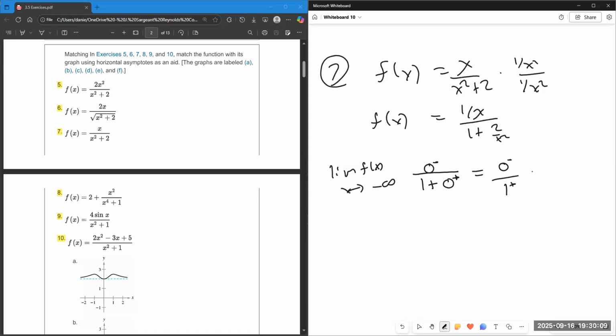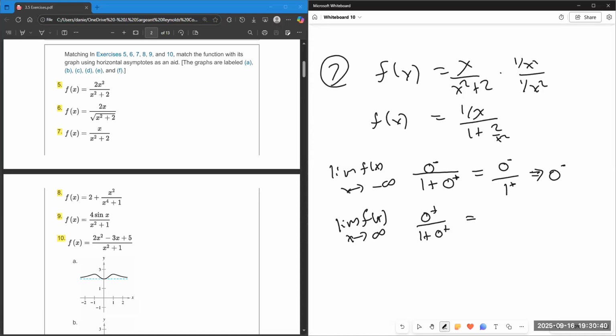But it's really close to 0. This is getting close to 0. And it's slightly negative here because this is a negative and this is a positive. So the limit of f of x as x approaches positive infinity is going to be 0 from above, 1 plus, and then this is also 0 from above.